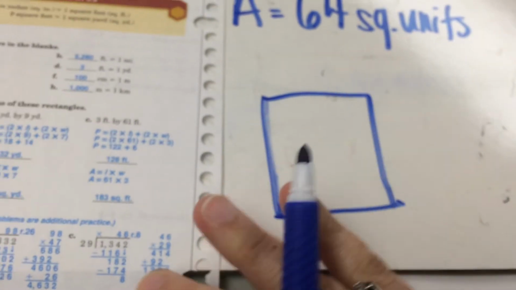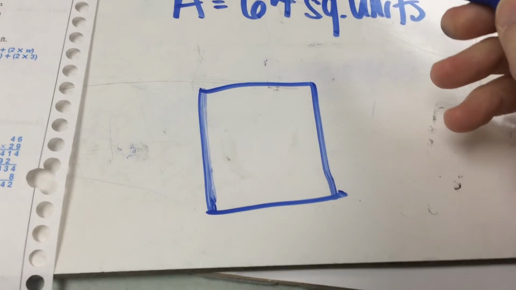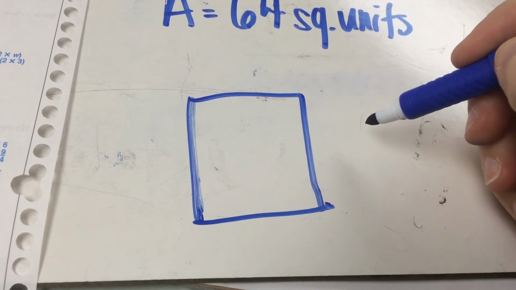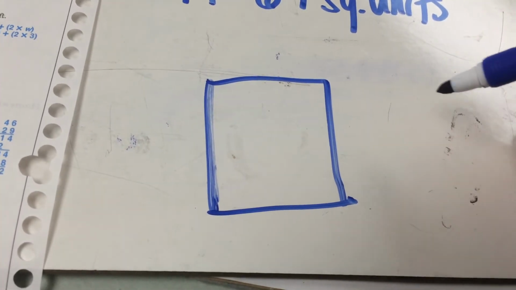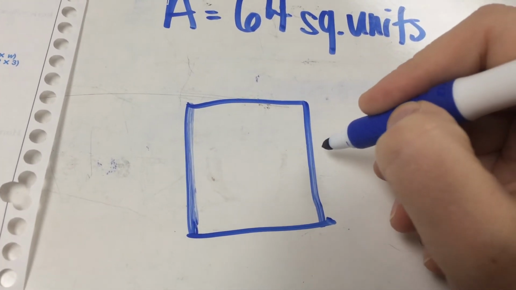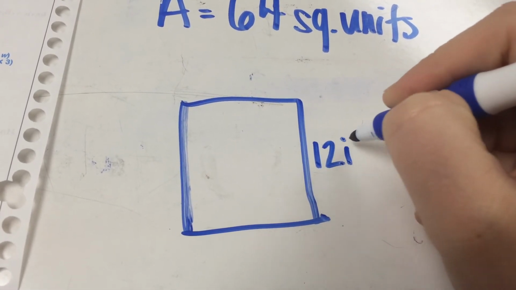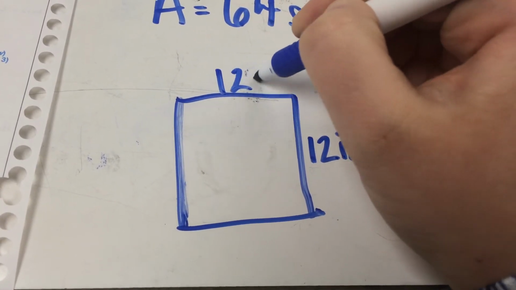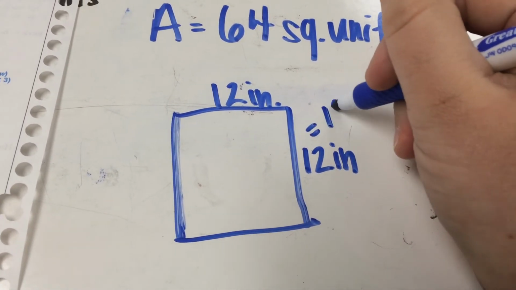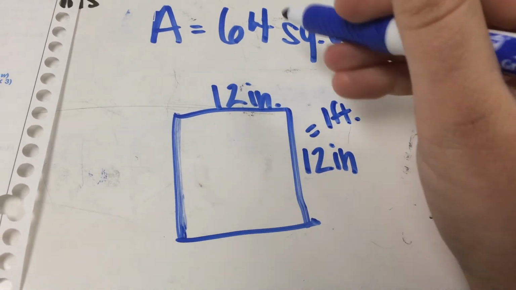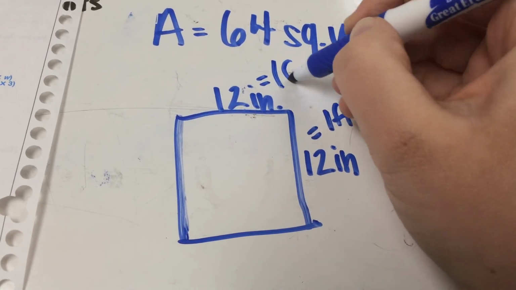Let's look over here. I'm going to do a little sketching. Okay, so this is my square. It says 144 square inches equals 1 square foot. How many inches are in a foot? 12. So if I have 12 inches times 12 inches, I have 1 foot this way and 1 foot that way, okay? So it's 1 foot, 1 foot.